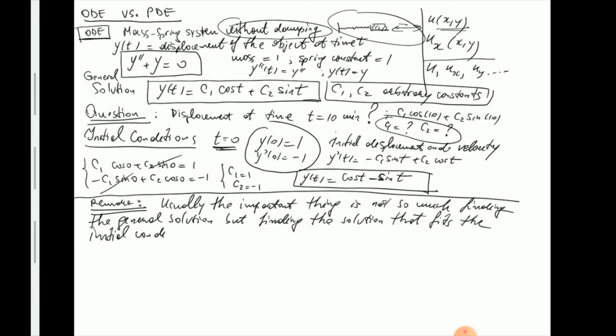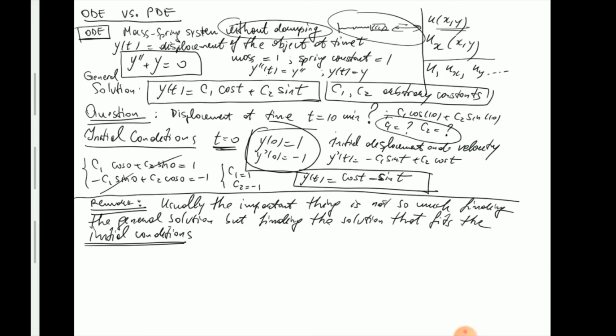Because in practice, you basically want to solve an experiment, so you want some precise answer as to what happens in the future. Now, of course, because in the case of differential equations we could find the general solution for a large class of functions, it's still a huge thing to be able to find the general solution, because usually after that it's a formality to find the solution that fits the initial condition.